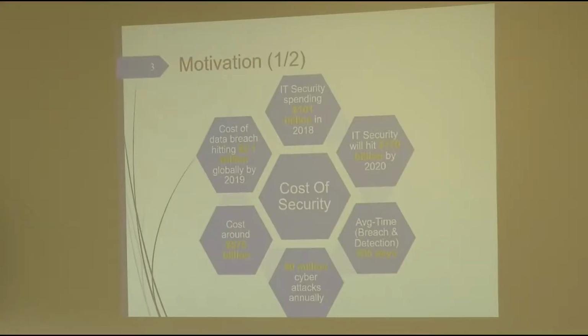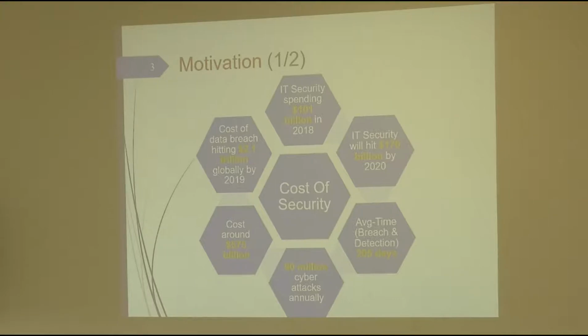IT security is spending $101 billion in 2018, with this number expected to increase to $170 billion by 2020, and still the average time between a breach and detection is 205 days, with also 90 million cyber attacks detected annually that cost around $575 billion.